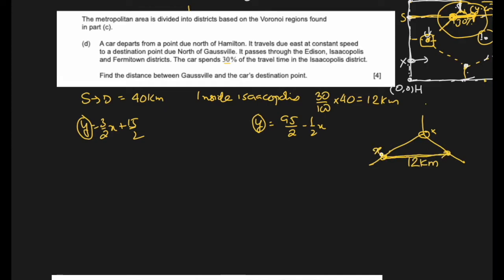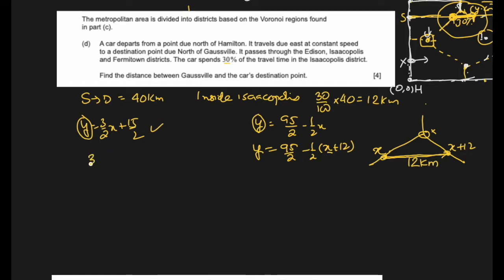So if this is x, which belongs to this line, this will be x plus 12, same x which is previously here, right? So now I will change the equation of this one, which will be 95 over 2 minus half times x plus 12. Now their x's are comparable and they have the same y. Now I can equate the two equations.